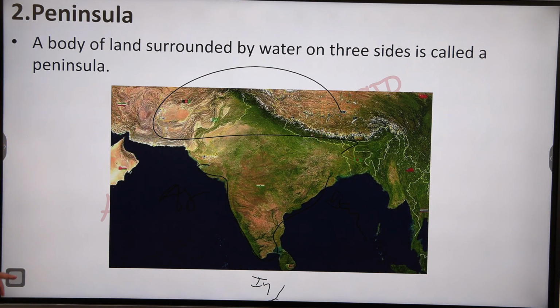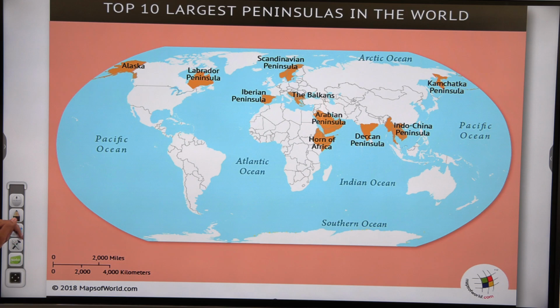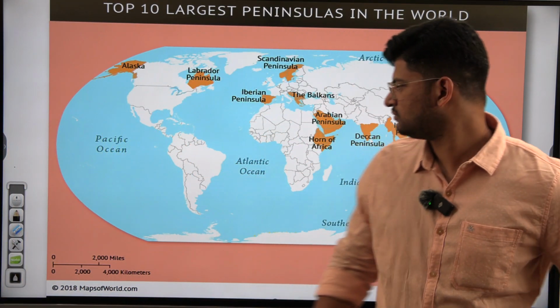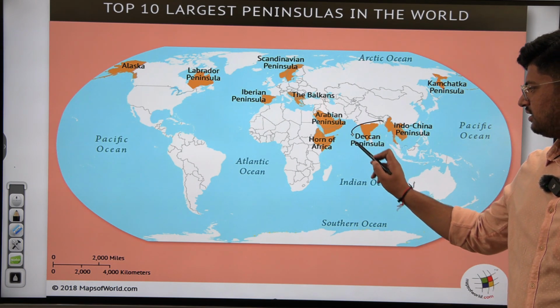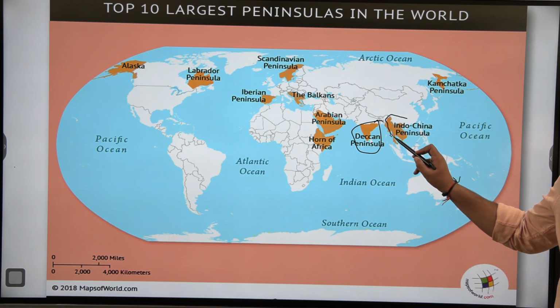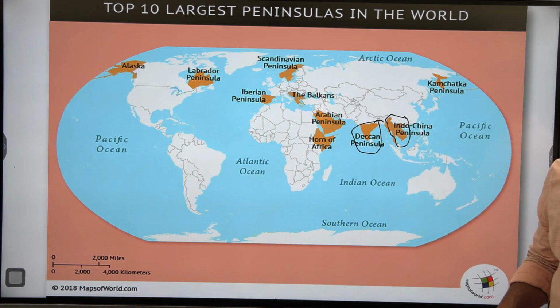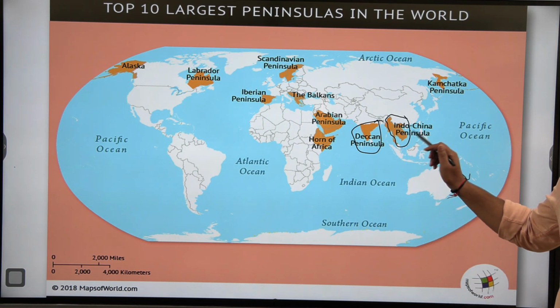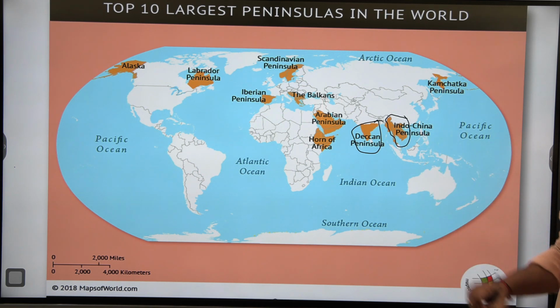India is a peninsula. And if you look at some of the important world's peninsulas, the Deccan region, the Deccan Peninsula, the Southern Peninsula, Indian Peninsula, same name. Then Indo-China Peninsula. Here we can see Myanmar, Laos, Vietnam, Thailand, Malaysia, they come under this Indo-China Peninsula.